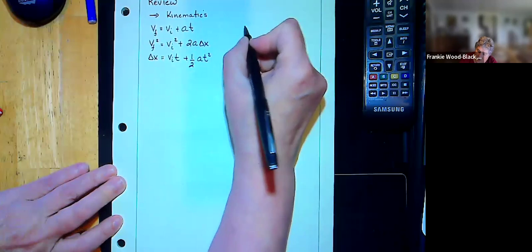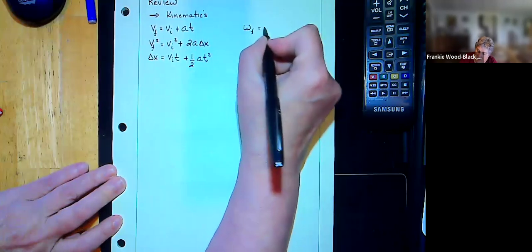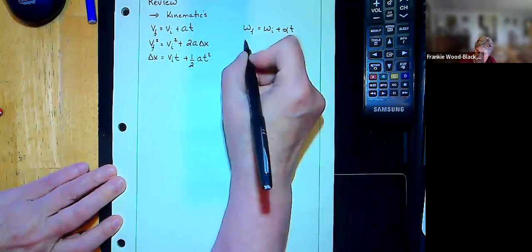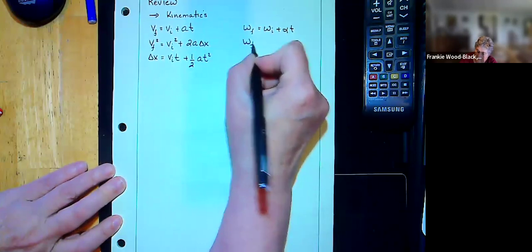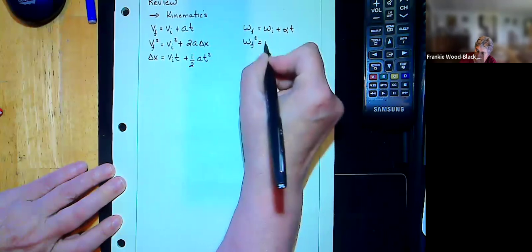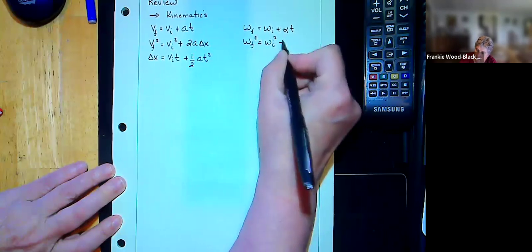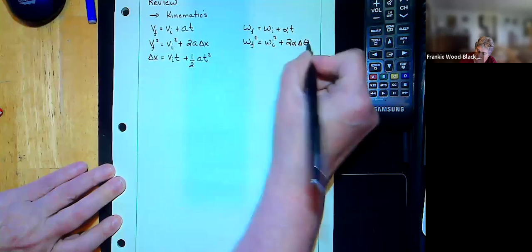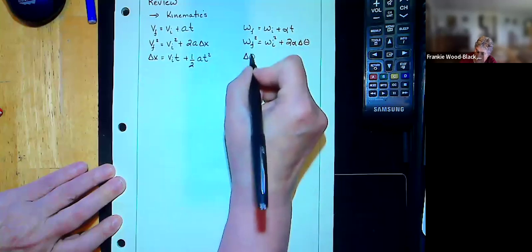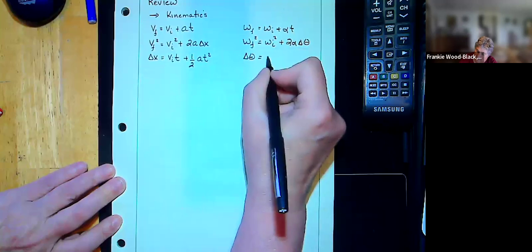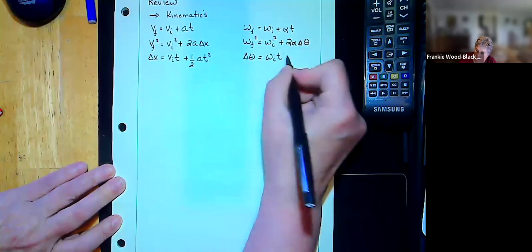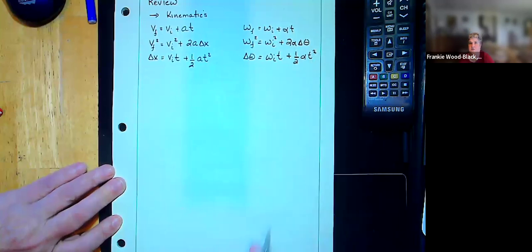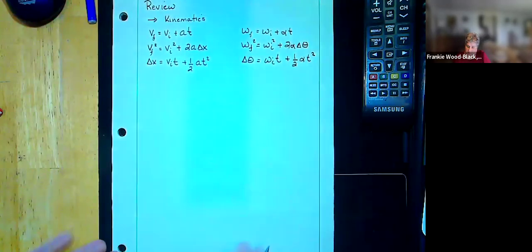And then our rotational one was the same. So we saw this nice parallel of everything that we've actually been working with.